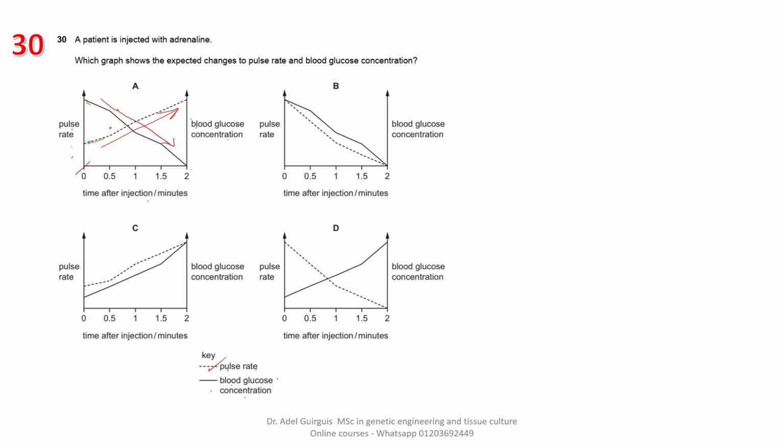It increases pulse, yes, but decreasing glucose is wrong, because adrenaline increases blood glucose level. So letter A is wrong. Check letter B. Both blood glucose and pulse rate decrease. Wrong. What about C? Both blood glucose and pulse rate increase. Yes, right. So the answer is C.